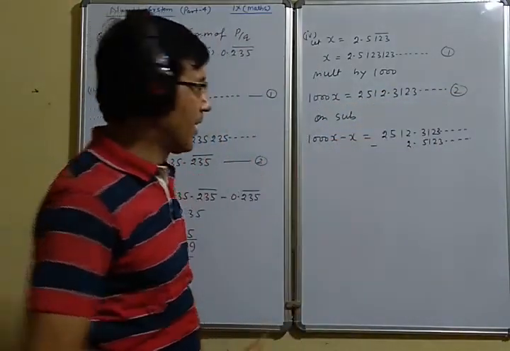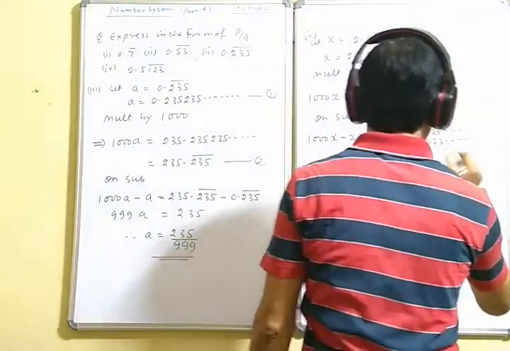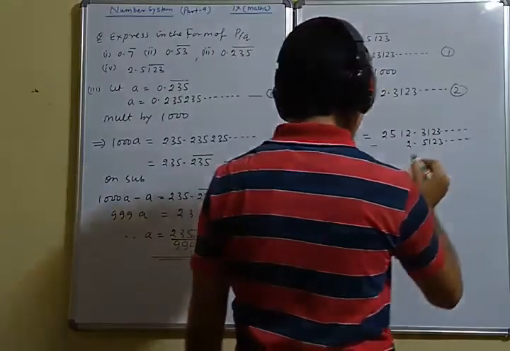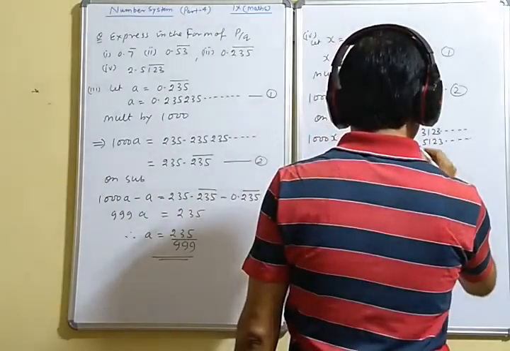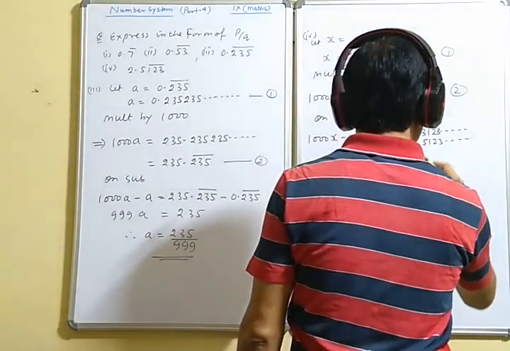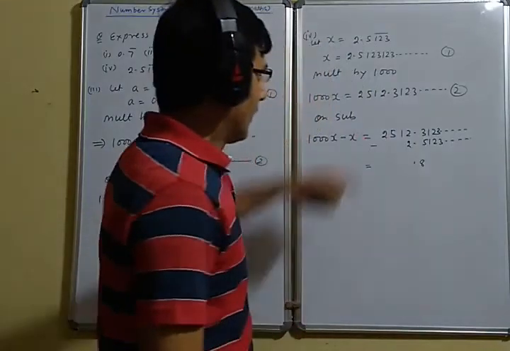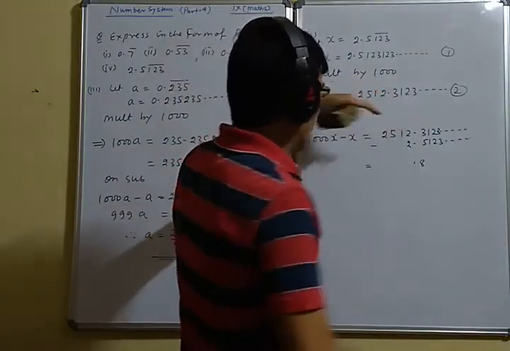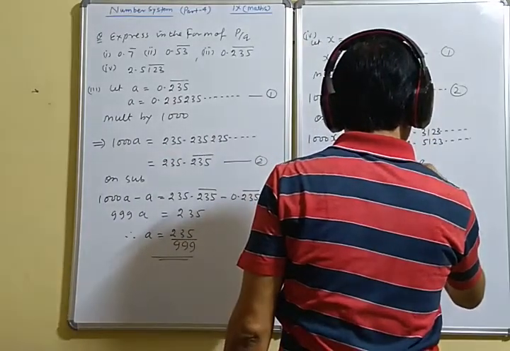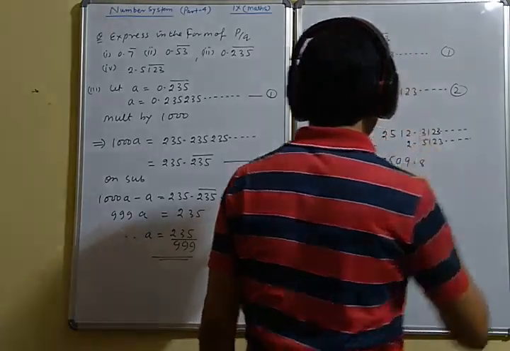So they cancel out after subtraction. What will you get when you subtract? It becomes 13, 13 minus 5, 8. Now here it is 1, so it becomes 11, 11 minus 2, 9, 0, 2, 5.